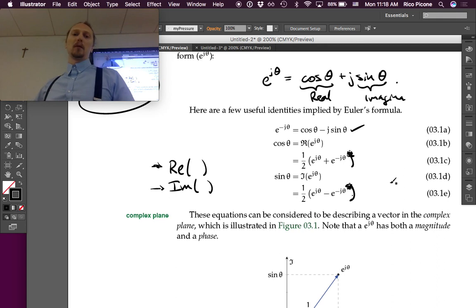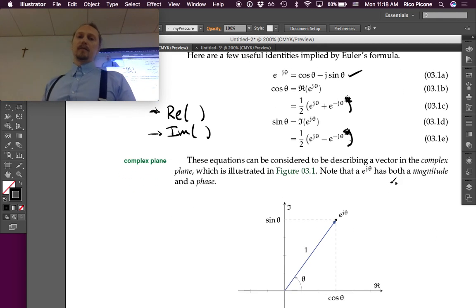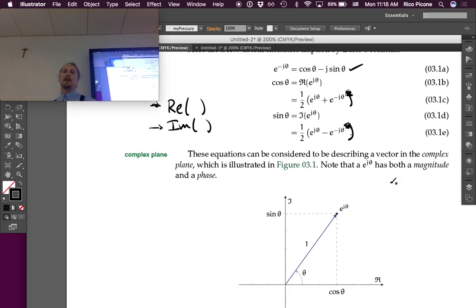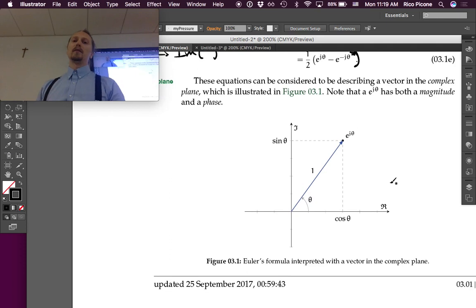So these equations can be considered to be describing a vector in the complex plane, which is illustrated in the figure. So the complex plane is just the plane made up of the real part of a complex number on one axis and the imaginary part on the other axis.